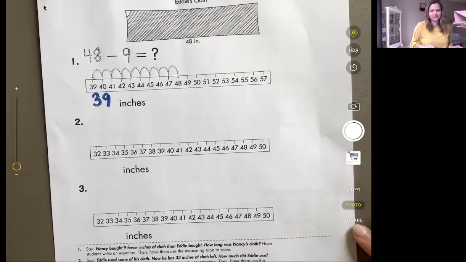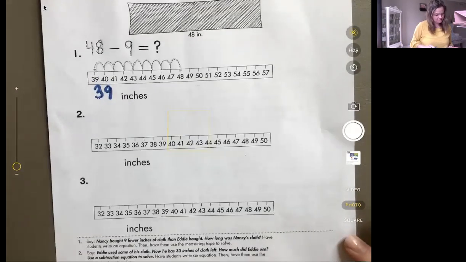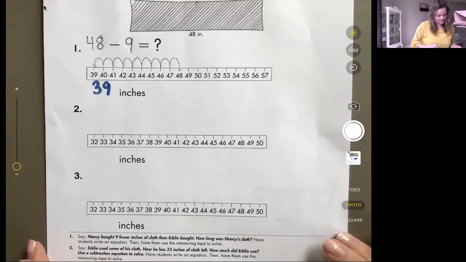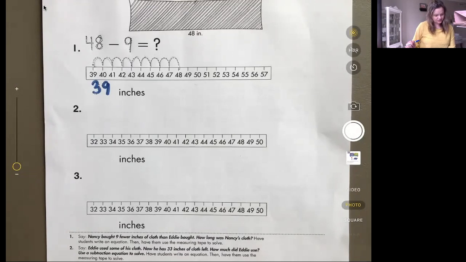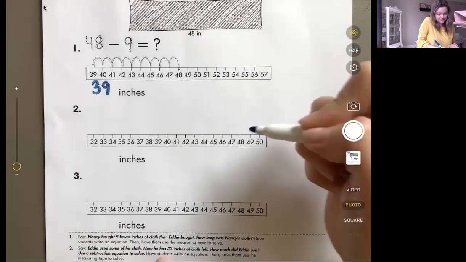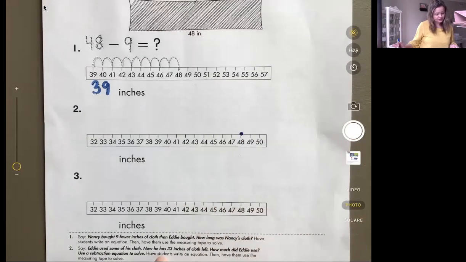Eddie used some of his cloth. Now he has 33 inches left. How much did Eddie use? So we're going to use a subtraction equation to solve. If we know that Eddie started with 48, we're going to put a dot on 48. And now he has 33 left.